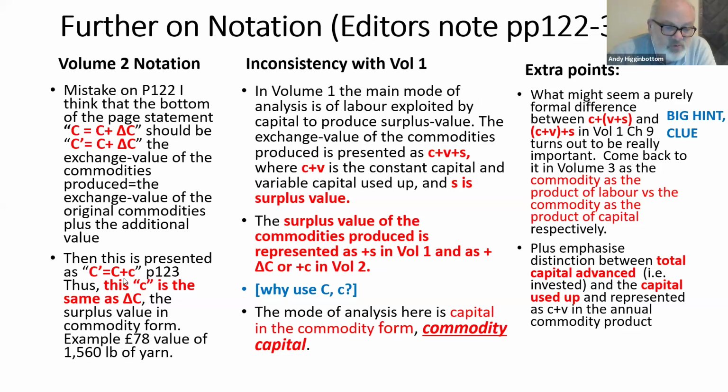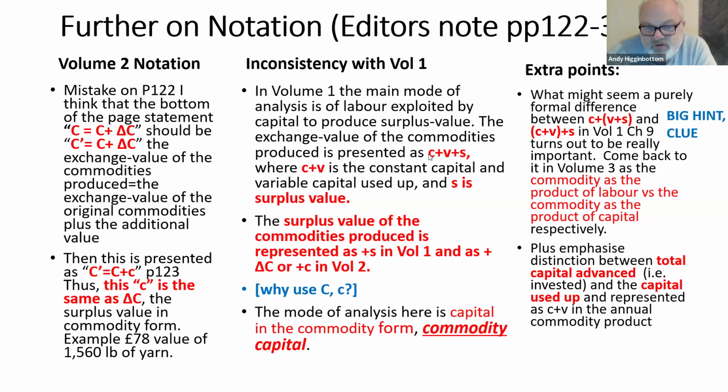His example would be 10,000 pounds of yarn, and the value of this 10,000 yards of yarn would be 500 pounds. And the 500 pounds is made up of 422 pounds, which is the original means of production and variable capital, plus an additional amount. Now, you will easily be confused because he switched the notation from the notation he used in volume 1.